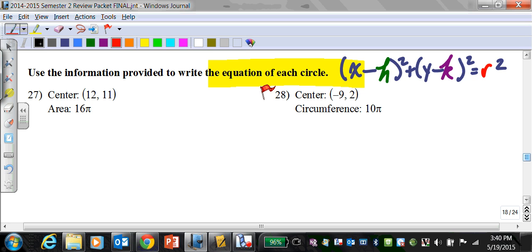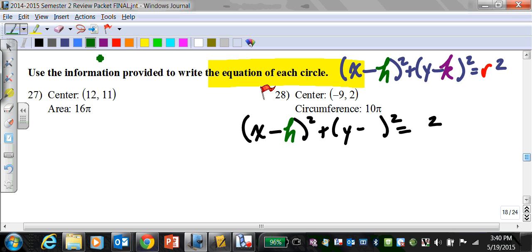So the first thing you want to do is actually write that equation out. Now let's look at what we already have. We have our h. We're going to be plugging in 9 right there. And we have our k. We're plugging in 2 right there.